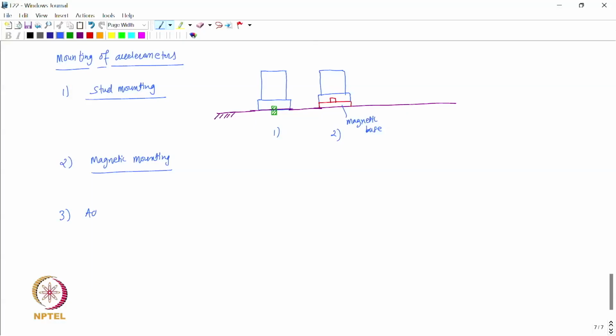Now we have adhesive mounting. In adhesive mounting a thin layer of adhesive is used to glue the accelerometer to the surface. So, this is the thin layer of the adhesive like this, and then we have the accelerometer like this.